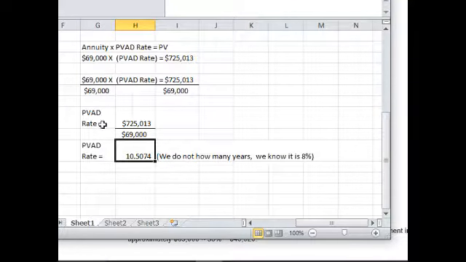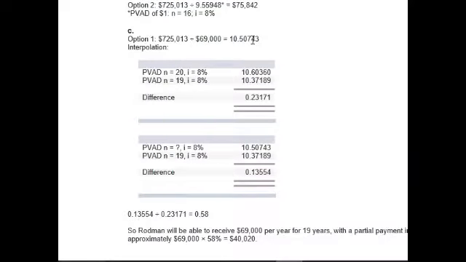You plug in the information that you already know, and you find the X. When you find that X, in this case the present value annuity due rate, you then go to the table and literally, physically search for the rate that is applicable to you. Whichever is closer to the rate you calculated will be the answer.